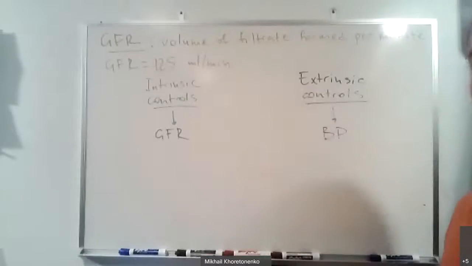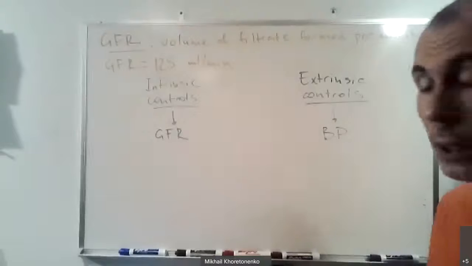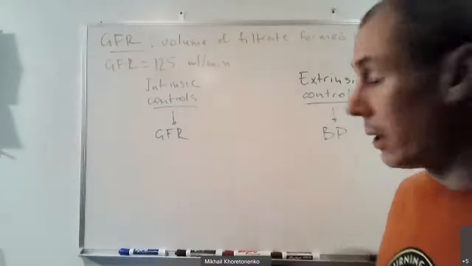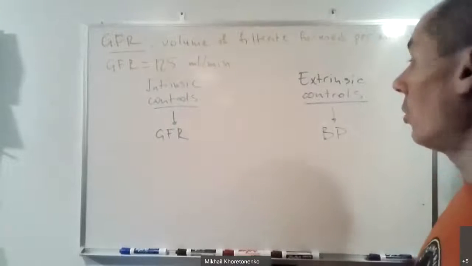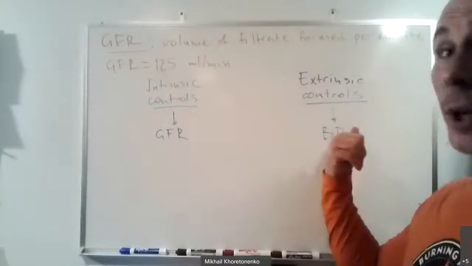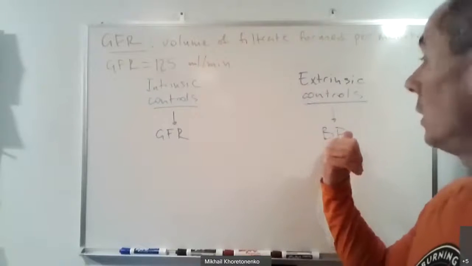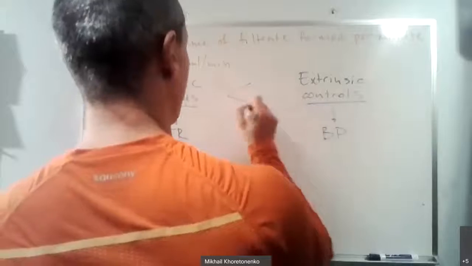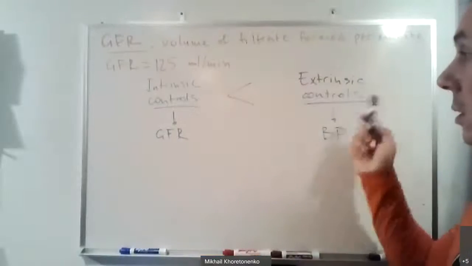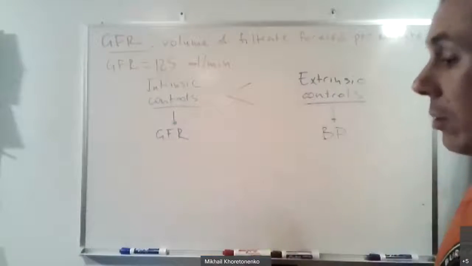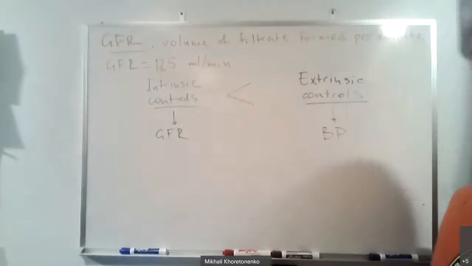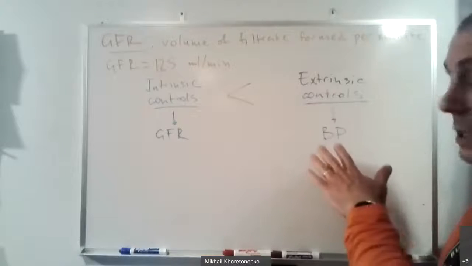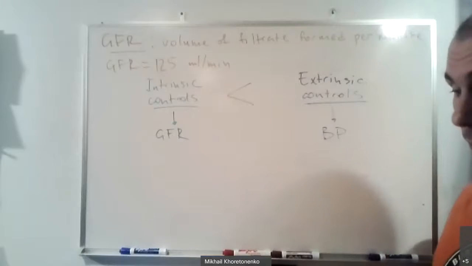If your blood pressure is altered in a significant way, it is very, very high, but usually it's not the case, or it is very, very low, then extrinsic controls will dominate intrinsic. They will basically trump the regulation of GFR to maintain the blood pressure.